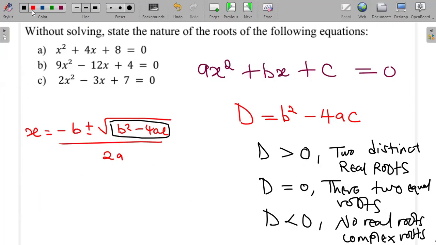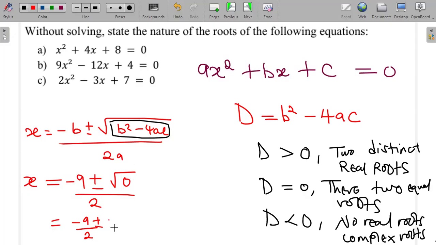What if the thing under the root is actually equal to 0? Then we're just going to have two equal roots, or one repeated root. So for example, I give the same numbers, minus 9 plus or minus, but we found that this guy here is actually 0. The square root of 0 doesn't change anything, right? So this would just be minus 9 over 2, because this part here is just going to be 0. So I'm doing a plus or minus 0.